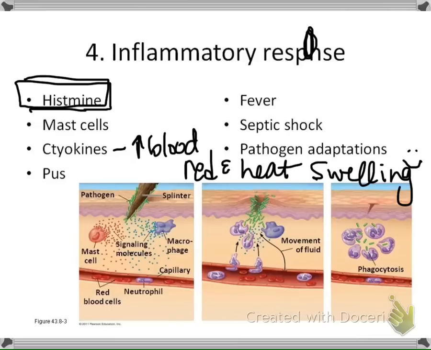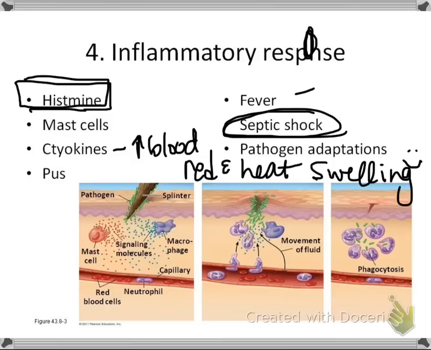Another systemic response is fever. Fever may occur when substances released by activated macrophages reset your thermostat at a higher temperature. And that could enhance phagocytosis and speed tissue repair.